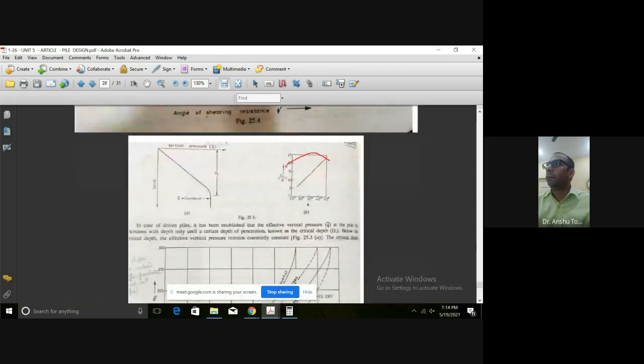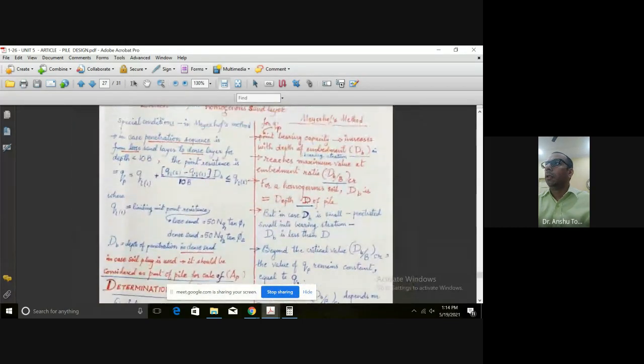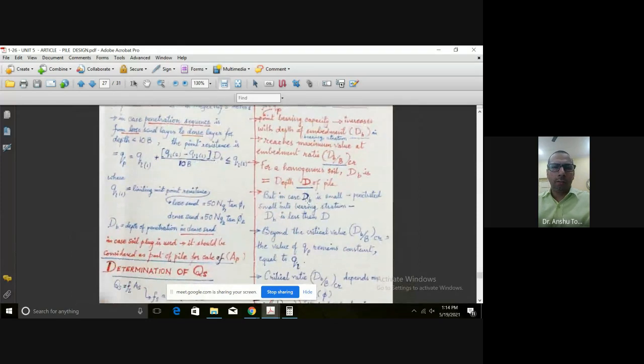Corresponding to phi, we have found out D upon B critical value, and for a homogeneous soil, dB is depth D of the pile.